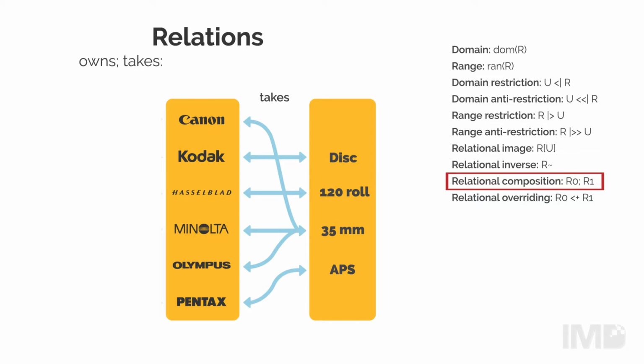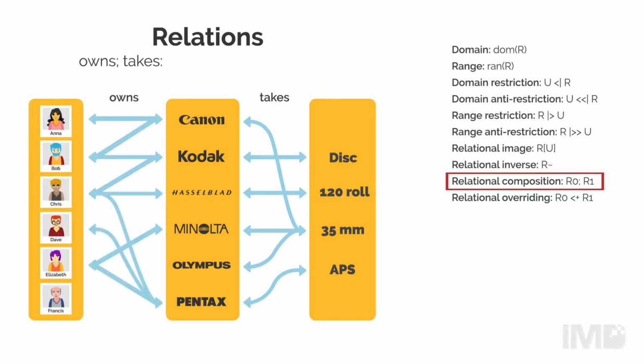And then we compose the original relation ons with the relation takes. We have, for example, in the relation ons that Anna is related to Canon, and therefore the composition gives us the pair Anna 35mm. And we do this to the whole relation ons.